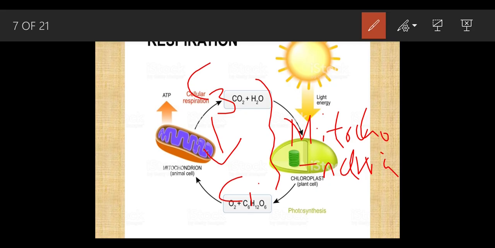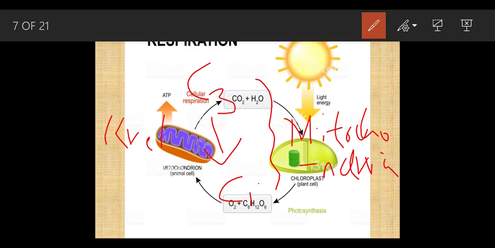As the previous step was called glycolysis, this step is called the Krebs cycle.